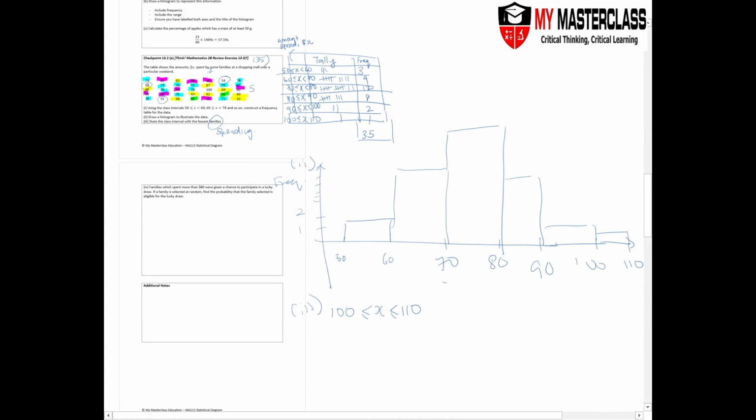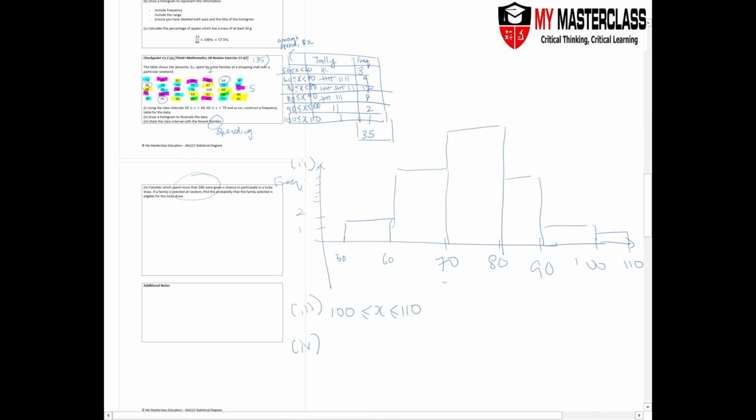Then the last one, which is part 4. Families which spend more than $80 were given a chance to participate in a lucky draw. If a family is selected, find the probability that the family selected is eligible. So it is more than 80. Do you consider 80? No. Now this is a little bit of a tricky part because of the more than 80 over here.